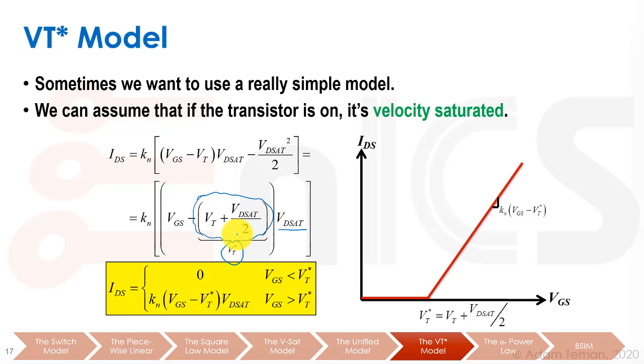And that's real nice, because then we can say, okay, this is our VGS versus IDS curve. Let's say this is our new VT, we actually call it VT star. Anything that's under VT star, we can assume that our transistor is off. And VGS, we said, is usually going to be 0 if it's off. So we can live with the fact that we have this wrong area over here. But once the VGS is over VT star, we get this linear rise.